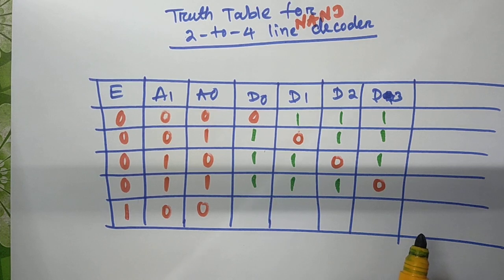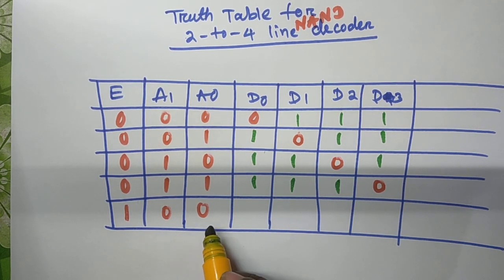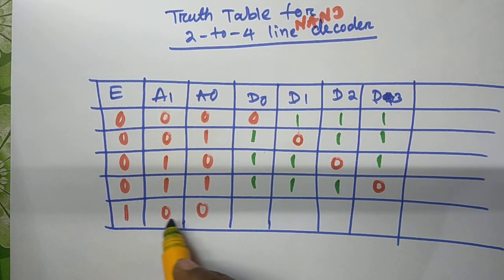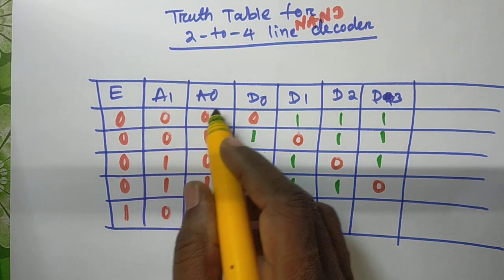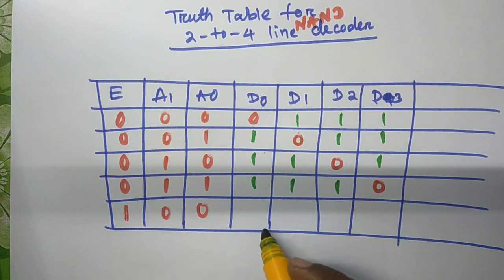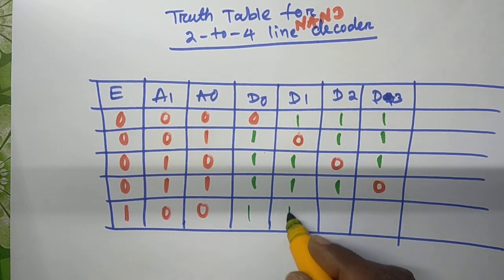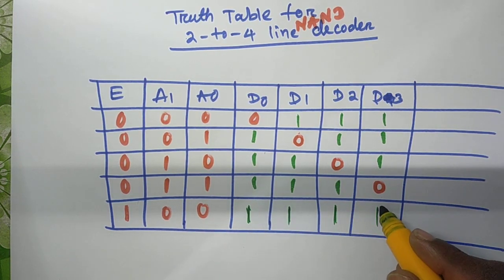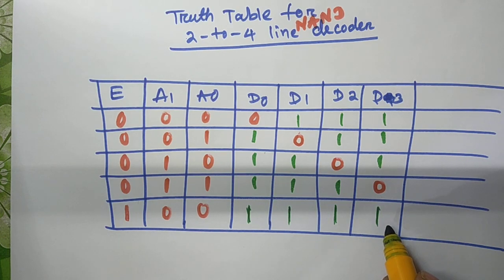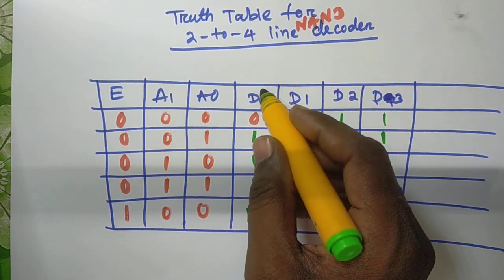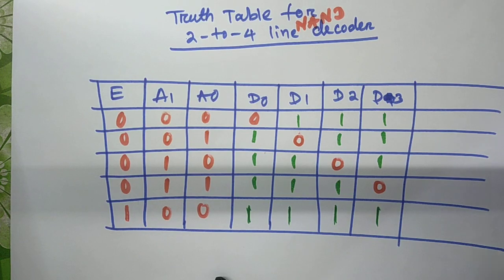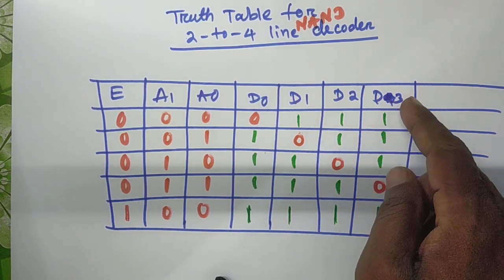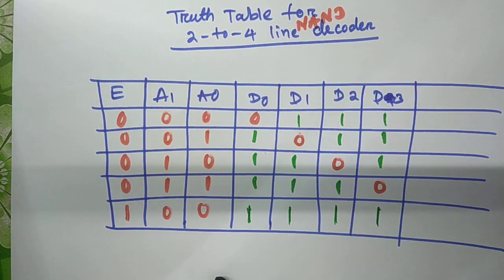But what about enable? Similarly, if enable is 1, it is totally inactive, whatever the A0, A1 values. The other outputs will also be 1, 1, 1, 1. Why? Since it is a NAND gate, all outputs will be 1, because 1, 1, 1 is inactive, the reverse case.